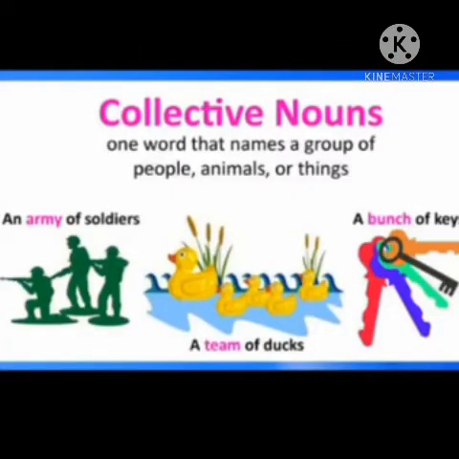Next, collective nouns are one word that names a group of people, animals or things. For example, an army of soldiers, a team of ducks, a bunch of keys.